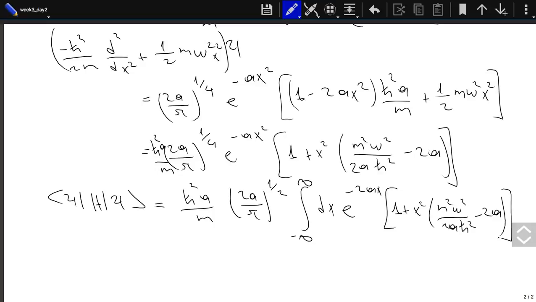So I just multiply this one with psi. So that's why I have the exponent. I have e to the power minus 2ax. And this factor just becomes, I have two of them, so it becomes the square root.